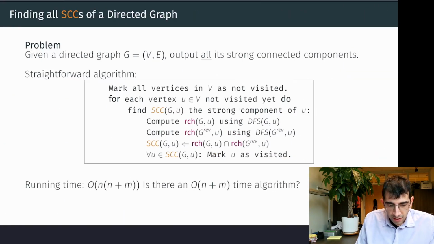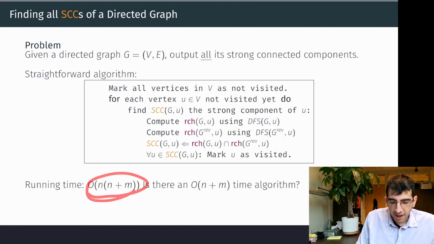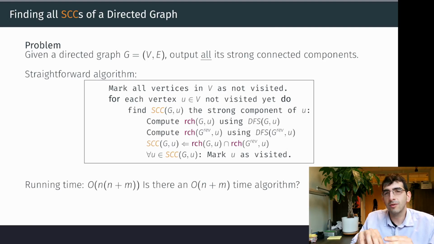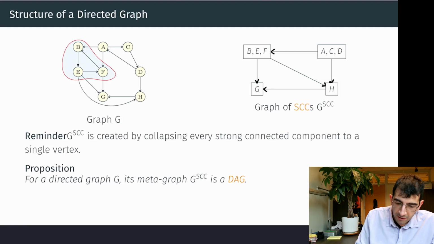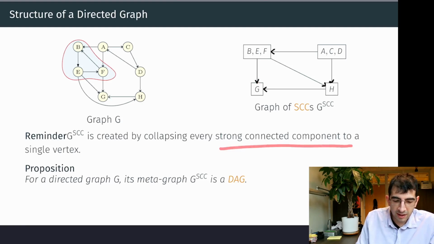So the question is, this is a good polynomial time algorithm, but can we do better? That's always a question in algorithms. Let's look at our problem again, and let's look at the metagraph. The metagraph is created by collapsing every strongly connected component into a single vertex.